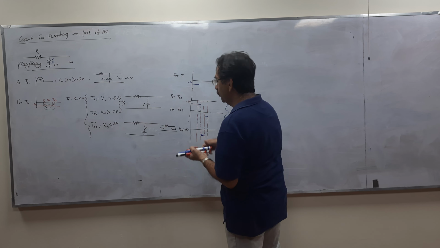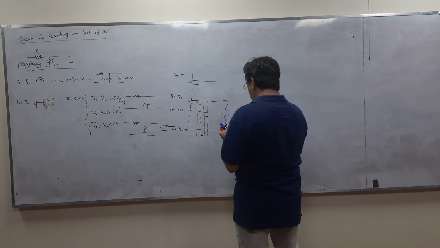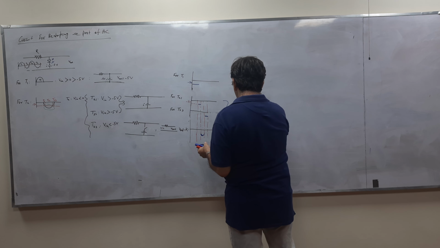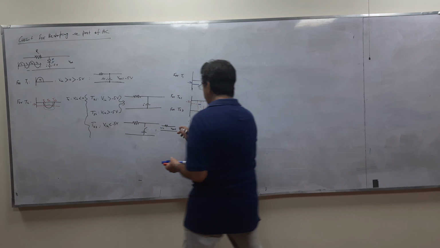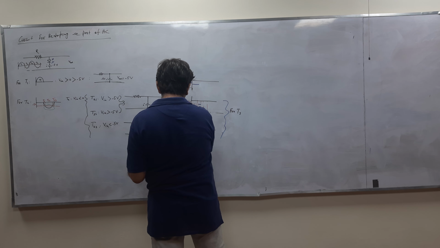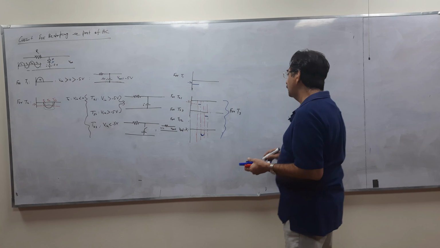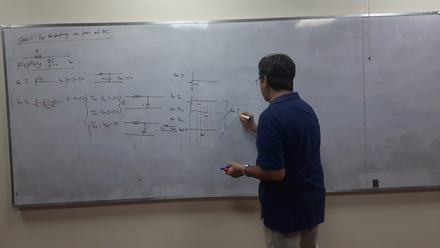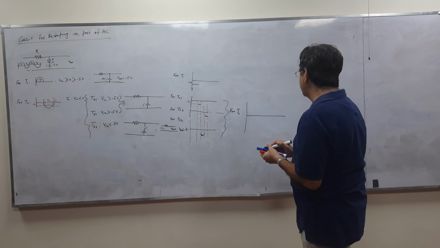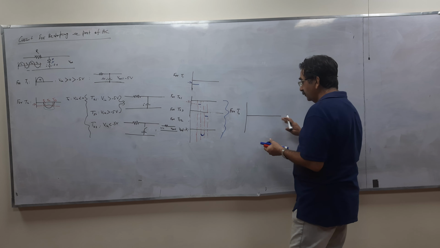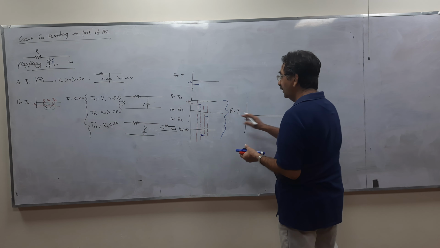Okay, for T2 complete, that includes T21, T22 and T23. So if I combine all these three, then we will get the result for T2.